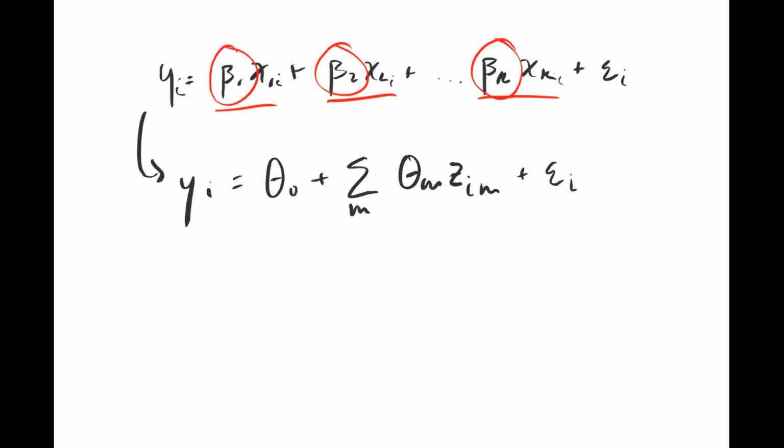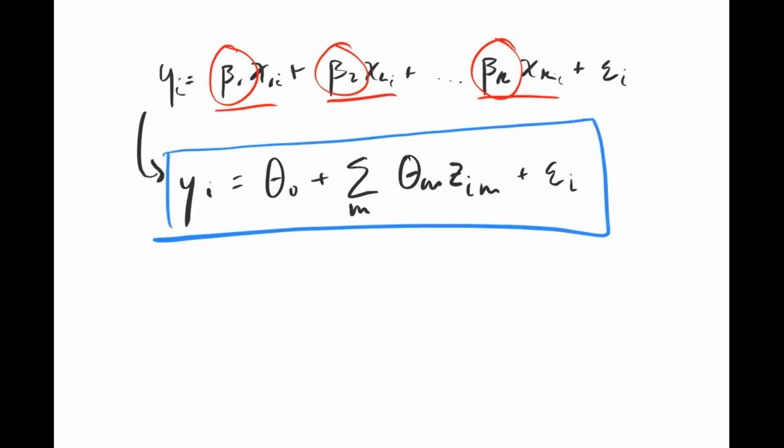In the PCA or the principal components regression equation, you can no longer do that. It doesn't mean anything. This z here is some linear combination of all of my x's. So I have no idea how to interpret that.